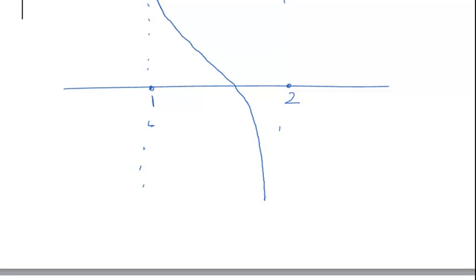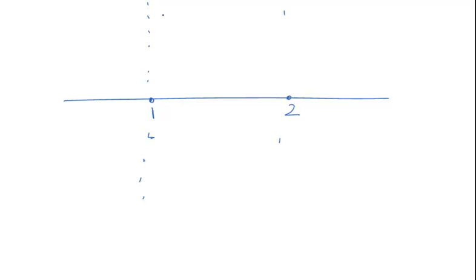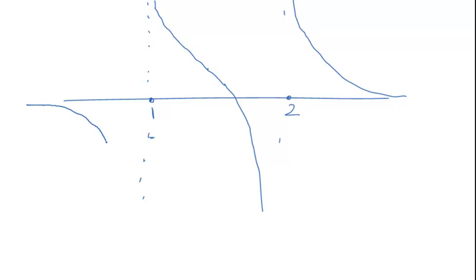So if you consolidate all the three, 1, 2 and 3, the curve is something like this. In between it is like this, and then beyond 2 it is like this, and beyond 1 it is like this.